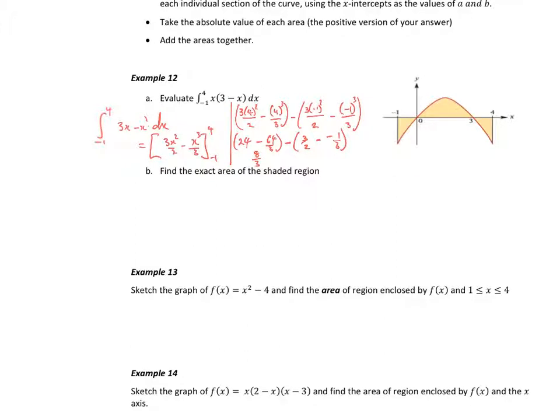I get 8 on 3, subtract 3 on 2 plus 1 on 3, which is the same as 9 on 6 plus 2 on 6, which is 11 on 6. So I get 16 on 6 minus 11 on 6, which is 5 on 6. It's not even units, sorry. It's just 5 on 6.